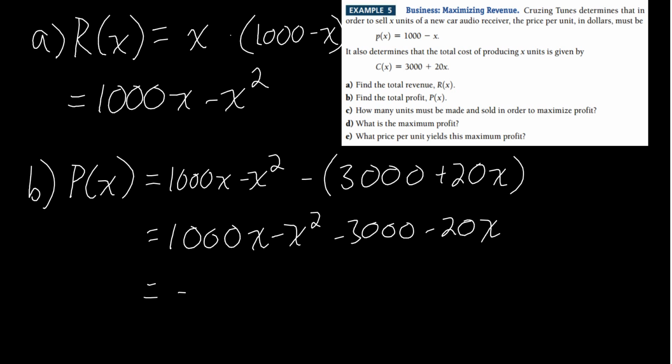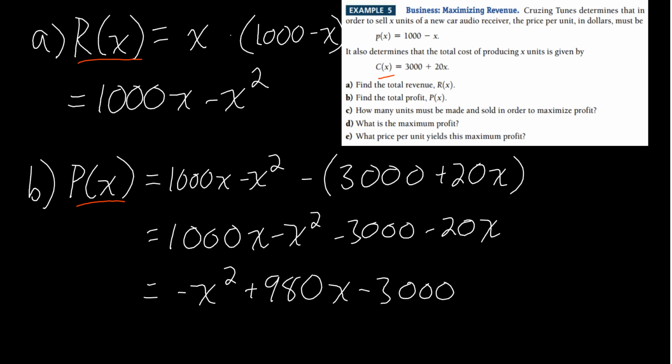So we're going to put a negative x squared here. We have a 1000x minus a 20x, so it's going to be plus 980x, and then the 3000 is all by its lonesome, minus 3000. Okay, so that is my total profit. So now I have my revenue, my profit, my cost, and my price.